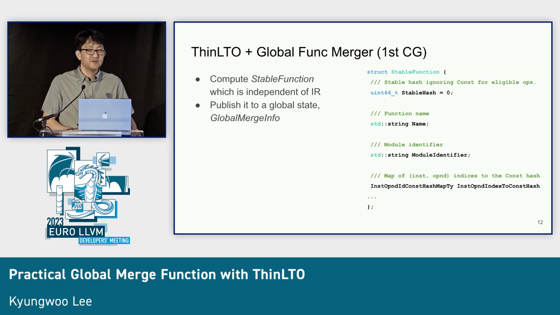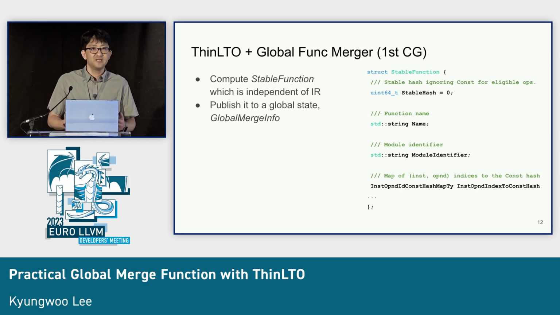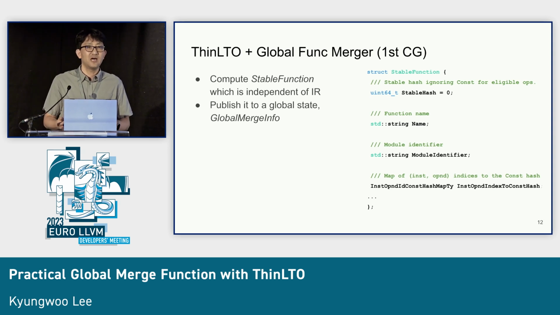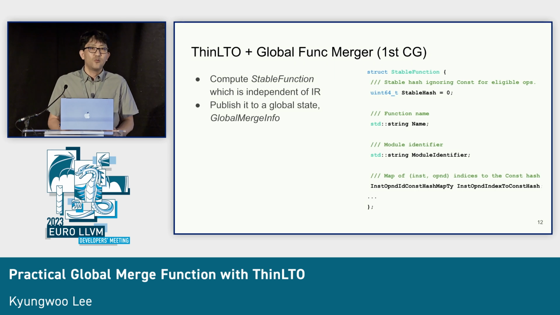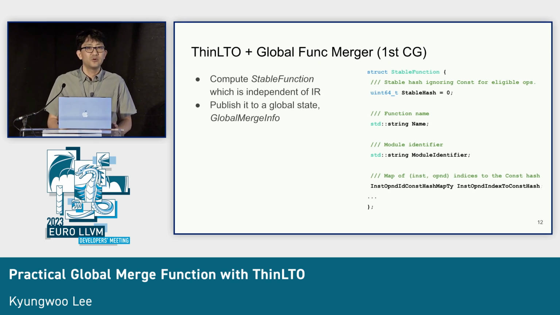So what are the stable functions? Stable functions are a summary which is independent of IR, which is key because we need to make a decision outside of the IR. It has a stable hash, which represents the entire function while ignoring some constants that we track, such as constants in specific operations like store, load, or call instructions.